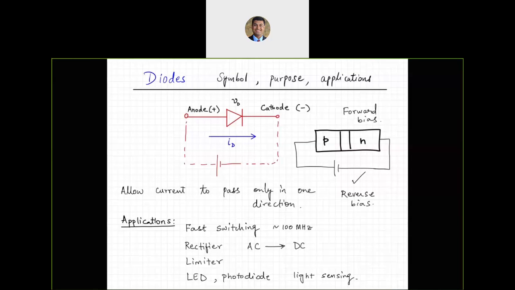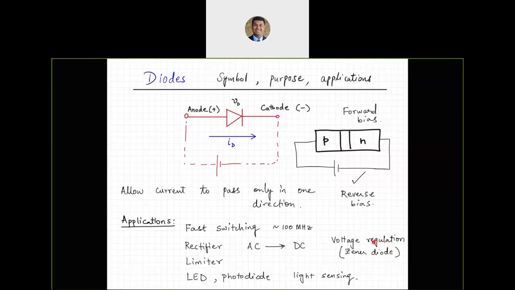Voltage regulation is another very important application of a diode, and this is specifically for the Zener diode. What that means is I need to regulate the voltage, which means that I do not want the voltage between 2 points to change much.